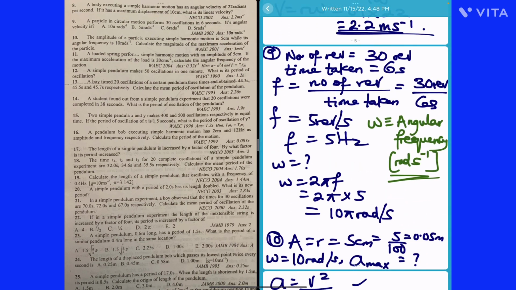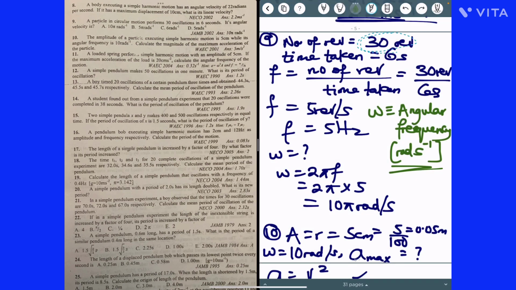Question 9 says, a particle in circular motion performs 30 oscillations in 6 seconds. So the number of oscillations or complete revolutions is 30. Time taken to perform those revolutions is 6 seconds. The frequency of the motion of the particle is number of revolutions over time taken.